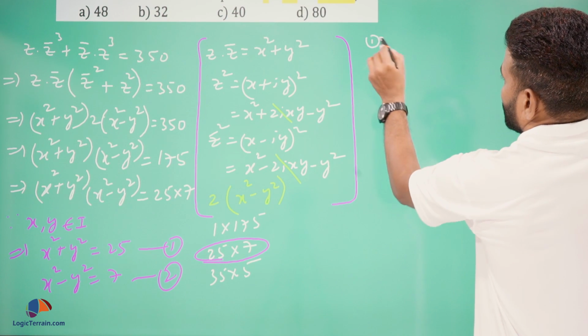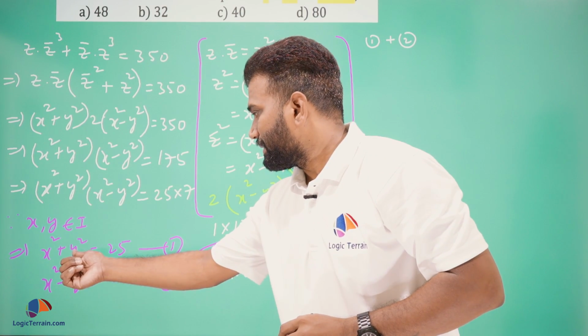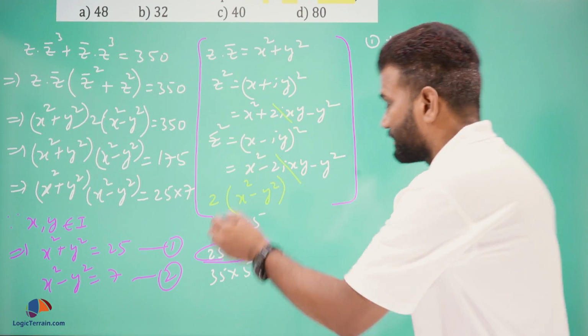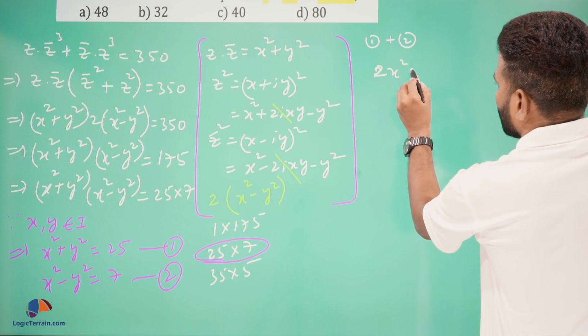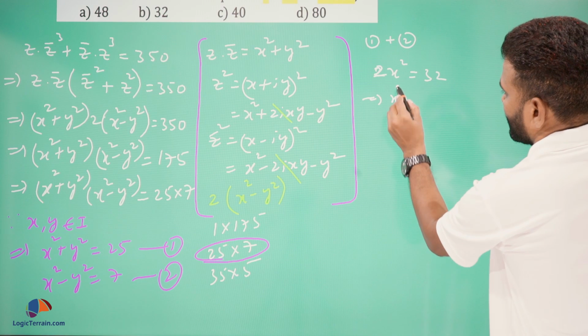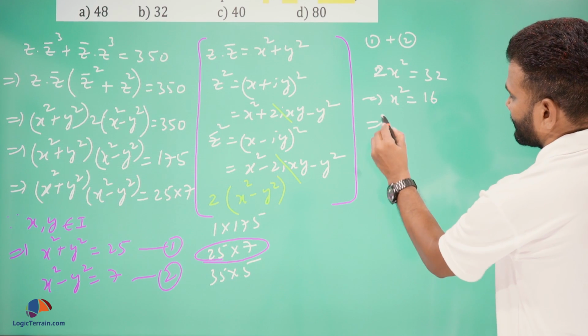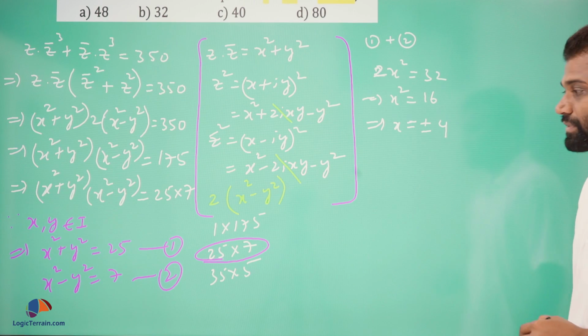Now on solving equations 1 and 2, we will get the x value and y value. First adding equation 1 and equation 2, the plus y square and minus y square get cancelled, then we are left with 2x square equals 32. Further x square equals 16 and x equals plus or minus 4.